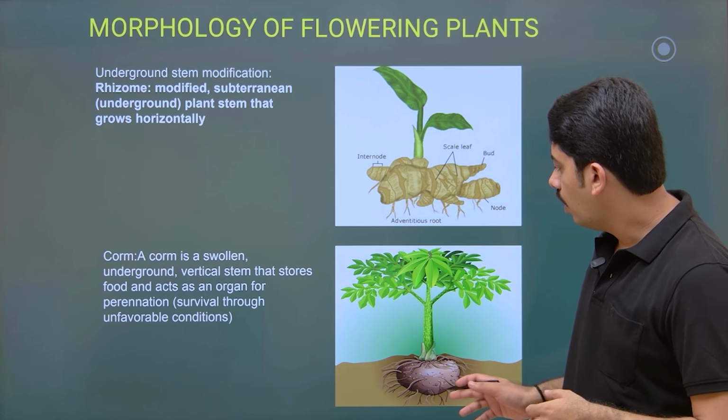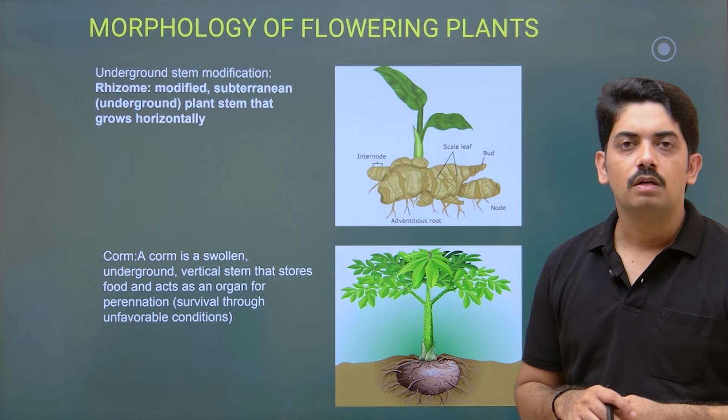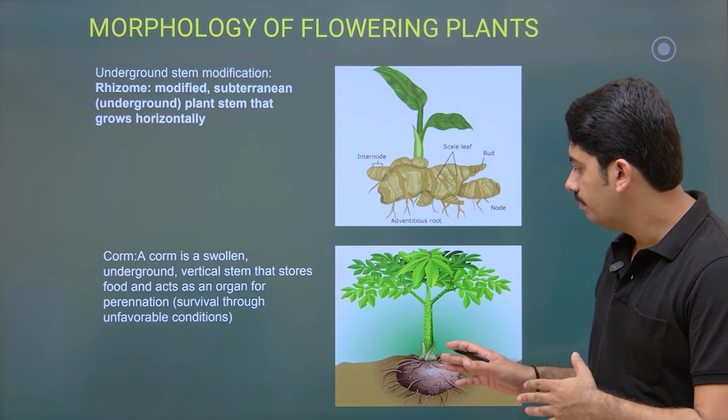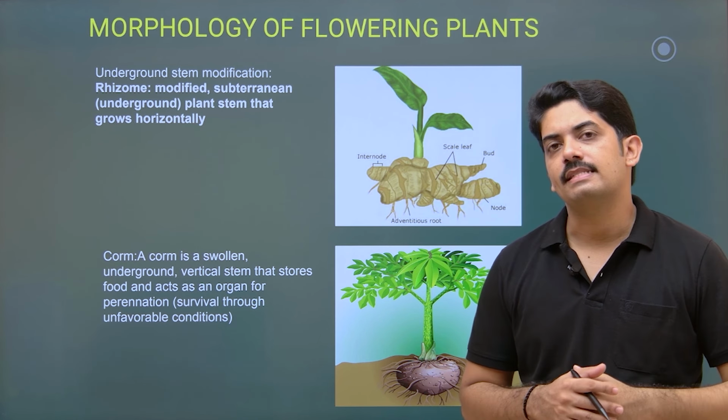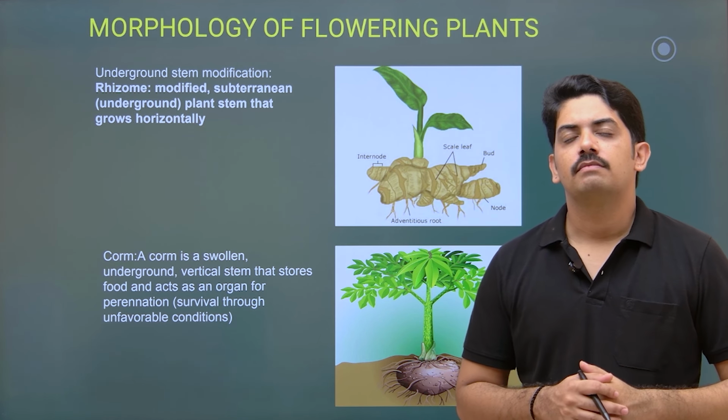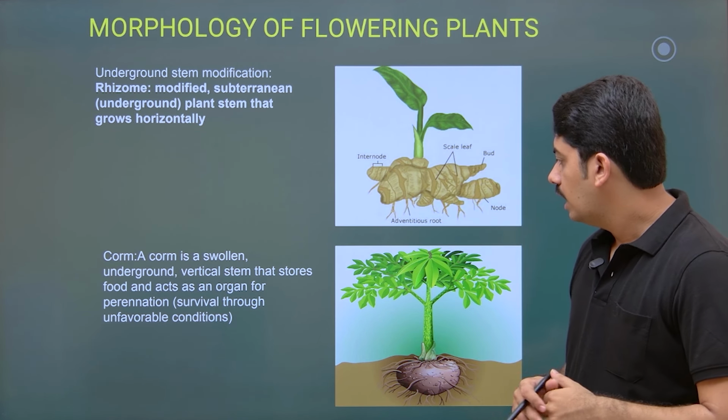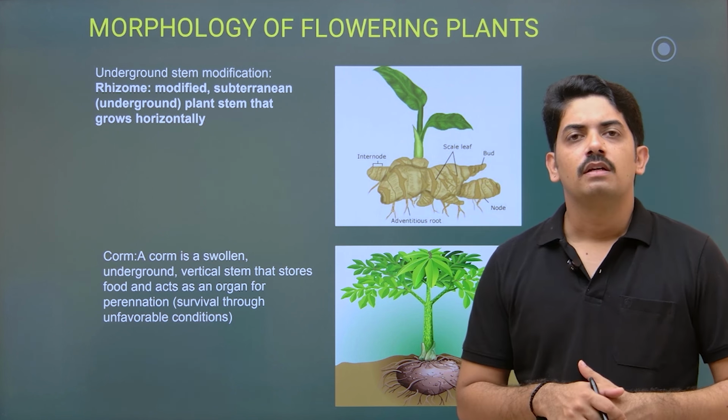So this is corm, one more very common example of stem modification. In Hindi we call it Zamin Khand. In English it is called Amorphophallus.